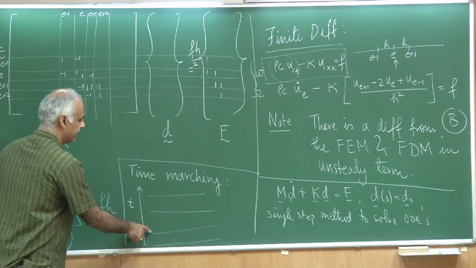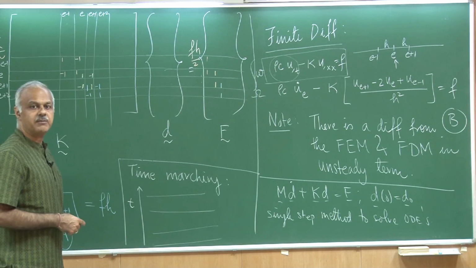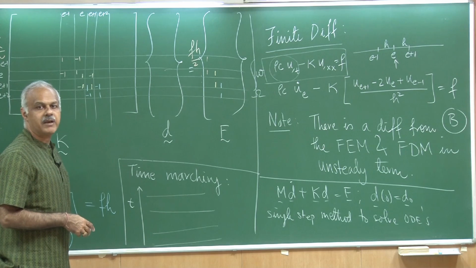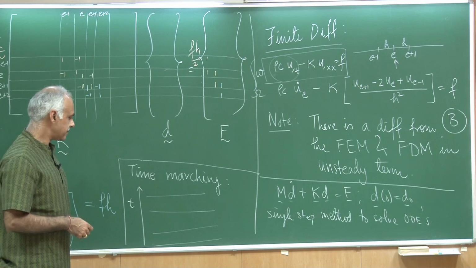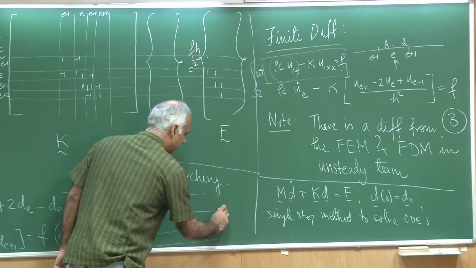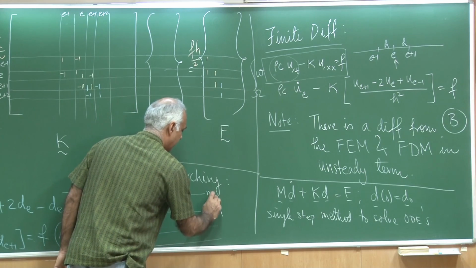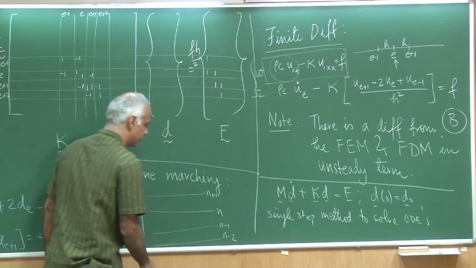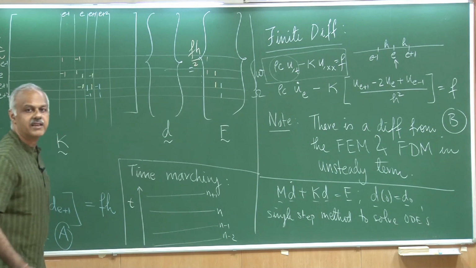These are different time instants. So, just like we have made a mesh along the x, we can also make some kind of a mesh along the time direction. Let us say this is time level n, this is time level n plus 1, maybe this is n minus 1, this is n minus 2, and the time level 0 is somewhere far below.